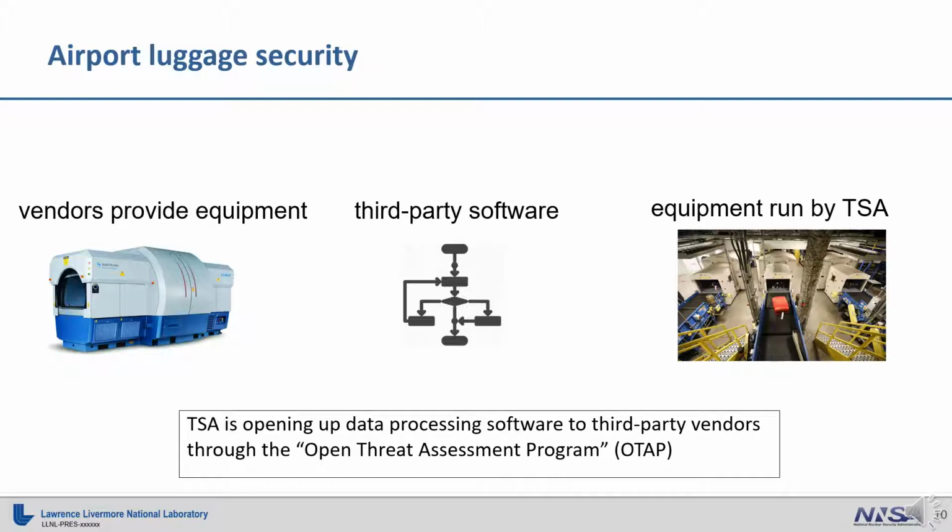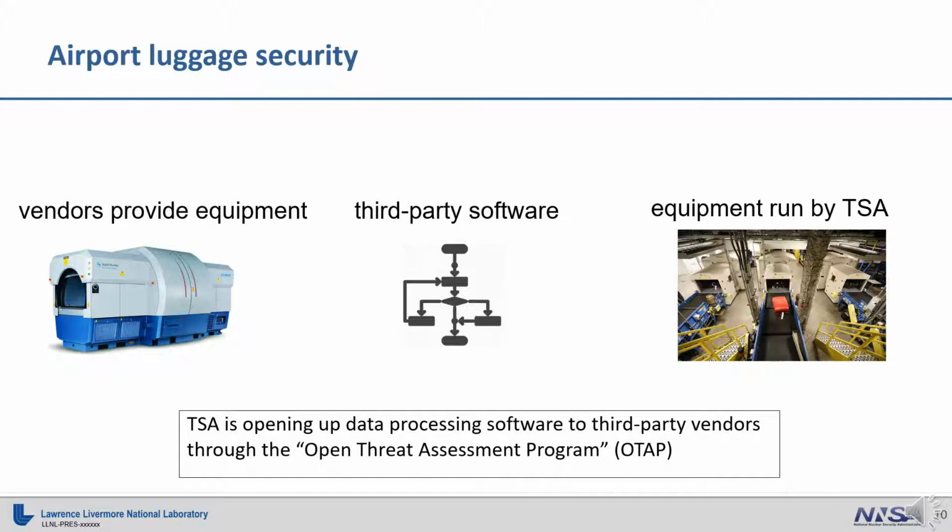And they do this through what's called the Open Threat Assessment Program, or OTAP. So they're basically saying that now anybody can write software to run on a certain vendor's equipment, and it can be done through purchase. So we know one company that was successful in this. The company is called Stradivan, and they're in Davis, California.